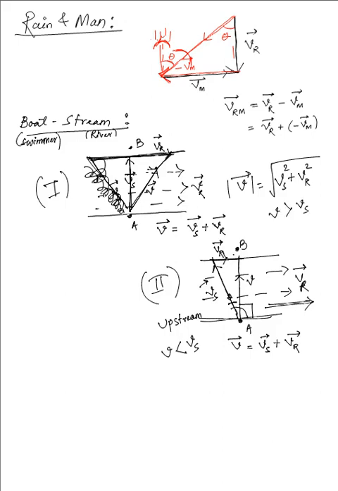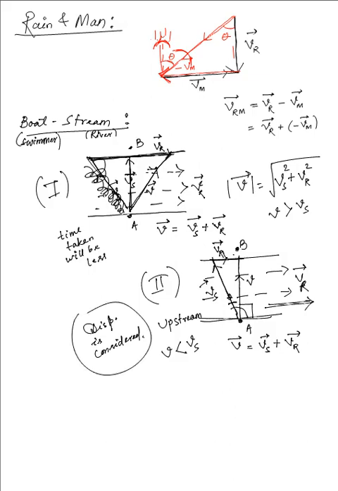So that means that in the first case the time taken will be less because the velocity increases, meaning he will cover the distance in a short time. But here the displacement is what is taken into account. So in the second case all that you have is displacement, while in the first case you have the least time.